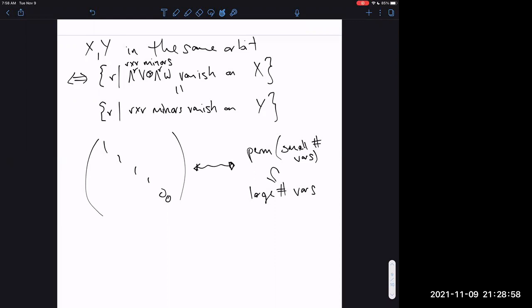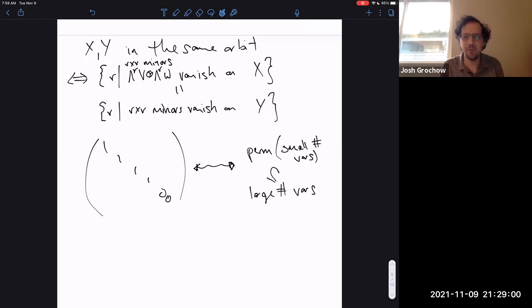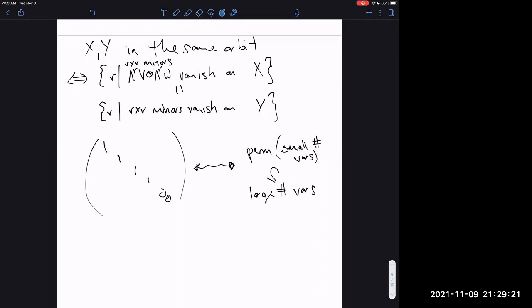So it's good to be able to go back and forth, because some authors prefer one and some authors prefer the other. So you should get used to both. And of course, the confusing thing is when you talk about multiplicity obstructions, the inequalities go the opposite way, depending on whether you're using the ideal or the coordinate ring. Yeah. Okay, thank you.